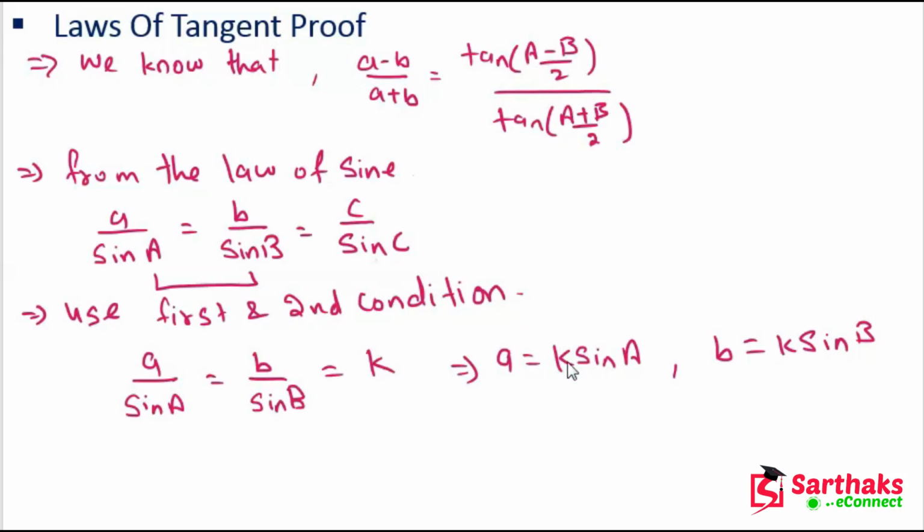Now we have to add and subtract these equations. First we subtract, so it will become a minus b is equal to k sine a minus k sine b.